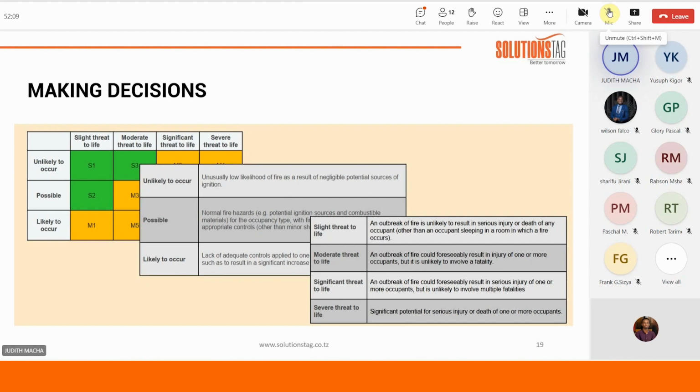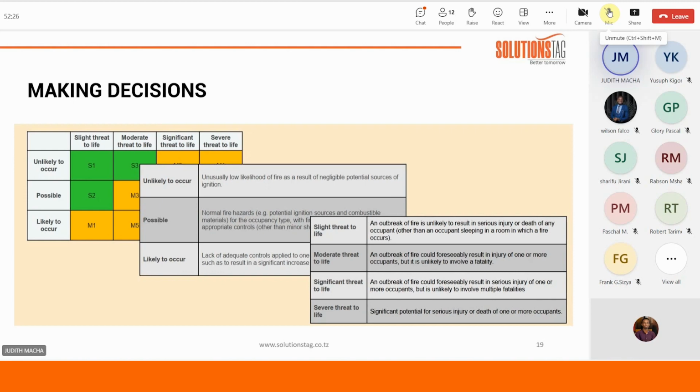And then, in this scenario, there are different levels of significance. If you say it's a slight threat to life, that means an outbreak can happen, but no serious injury or death.